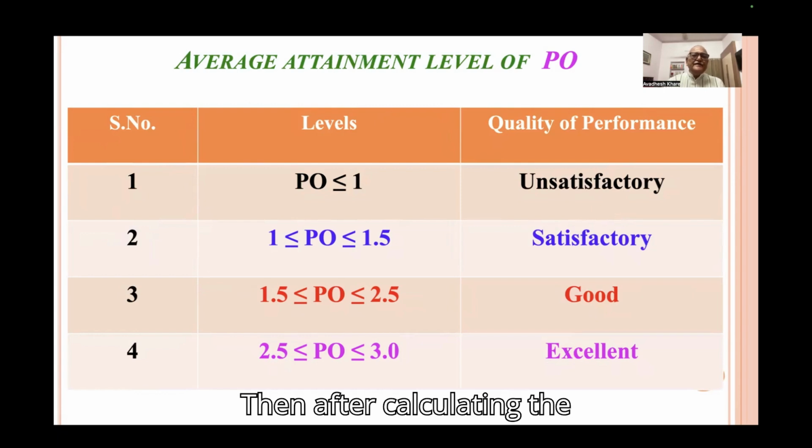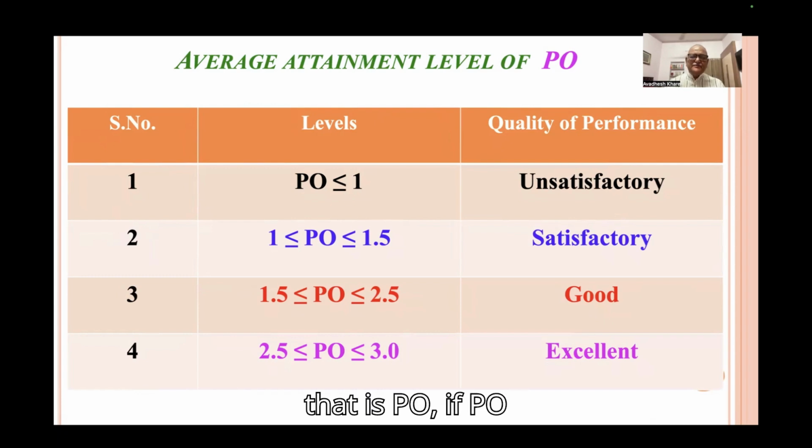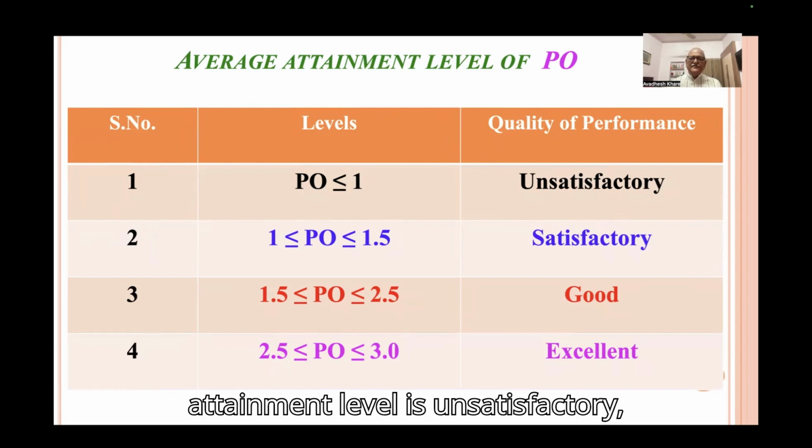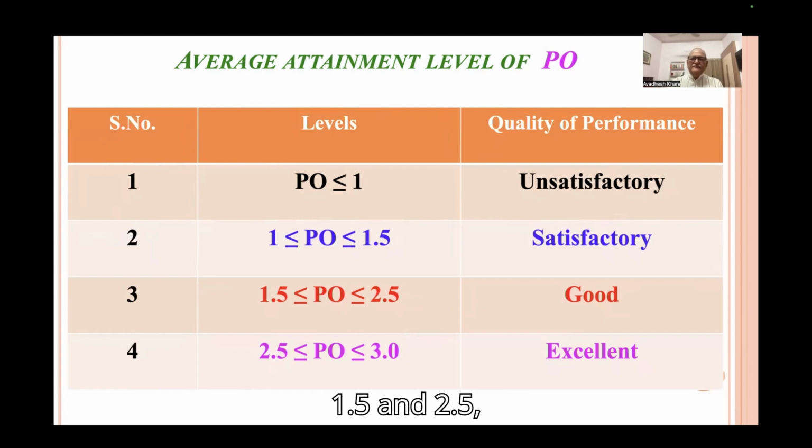Then after calculating the attainment level of the entire program, that is PO, if PO is less than 1, the attainment level is unsatisfactory. If PO lies between 1 and 1.5, it is satisfactory. Between 1.5 and 2.5, it is good. And if program outcome is between 2.5 and 3, it is excellent.